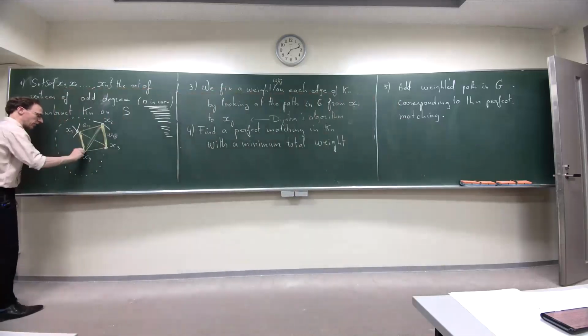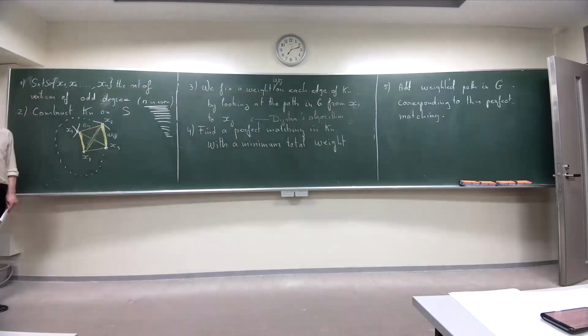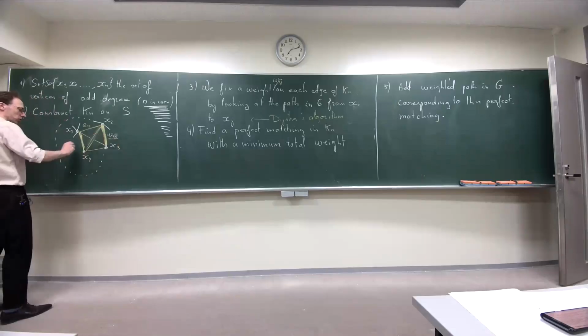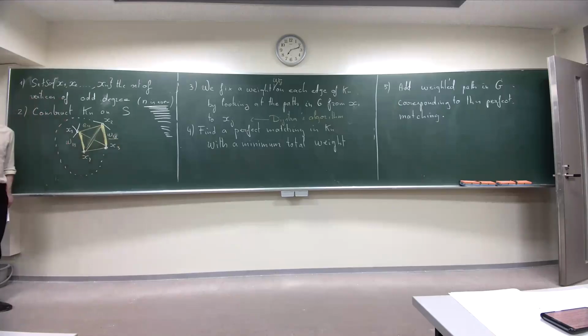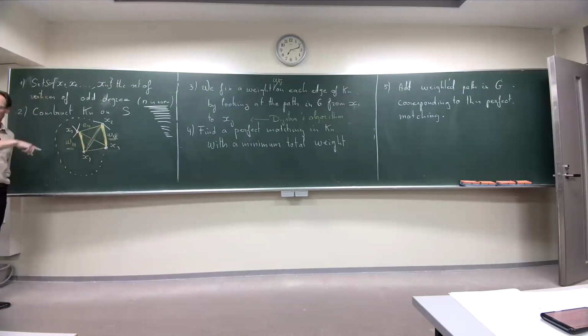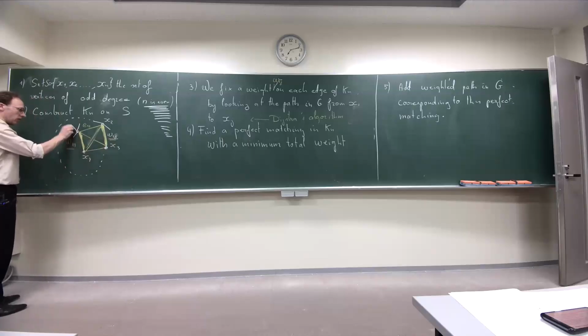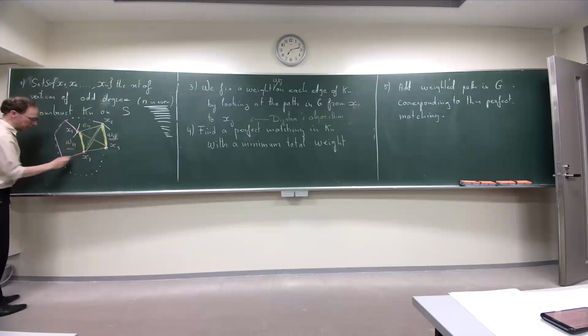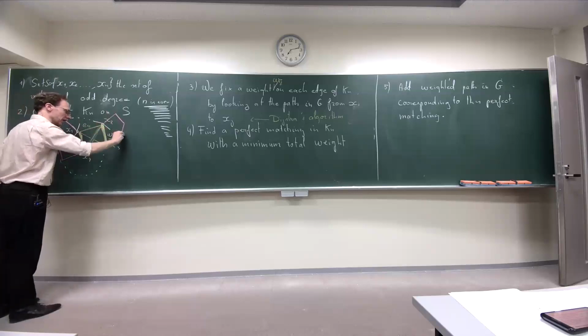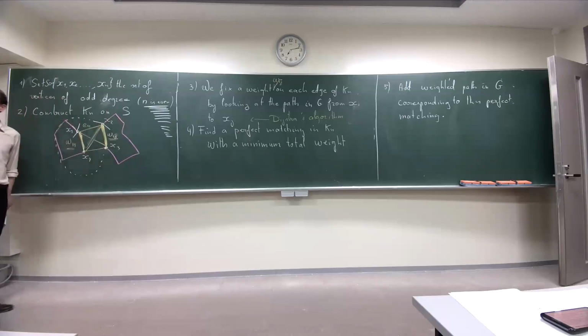Look, we had chosen this perfect matching. We had a certain weight, W23 and here W14. But these numbers were based on the real path in G. So I can just look at this path so that the total weight is this one and the path in G like this.